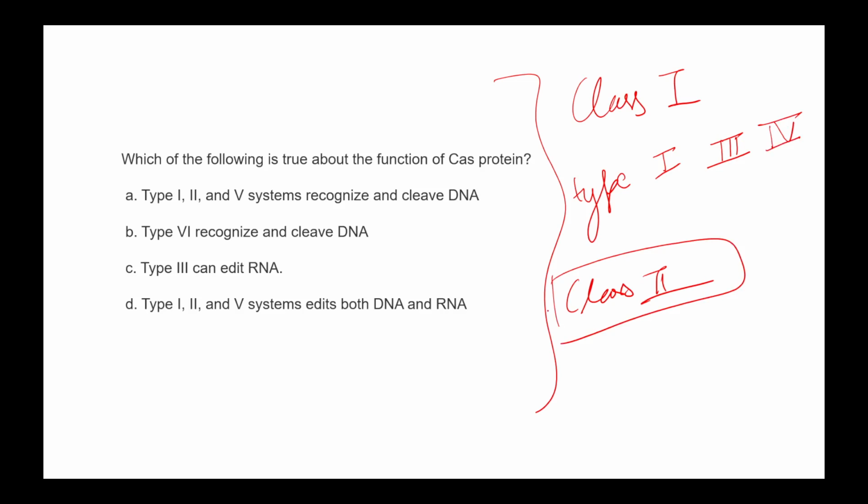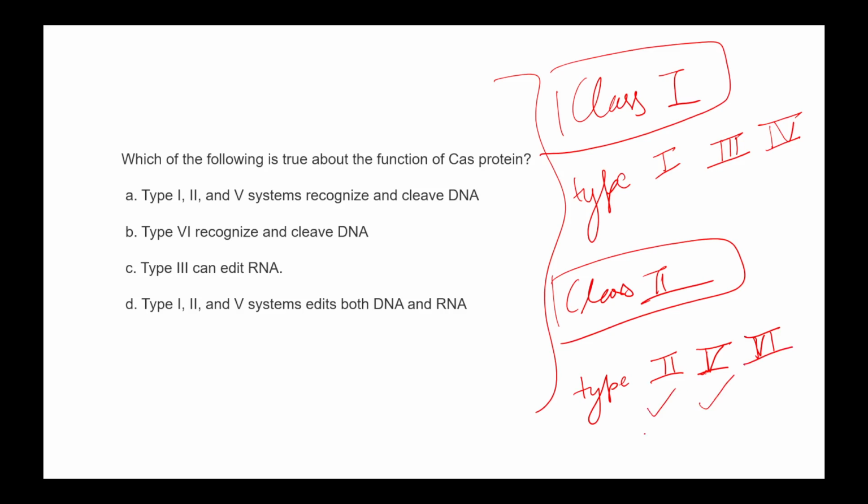And class 2 also has three types, which are type 2, 5, and 6. Type 2 and type 5 include Cas9 and Cas12: Cas9 makes blunt ends, and Cas12 generates overhangs.